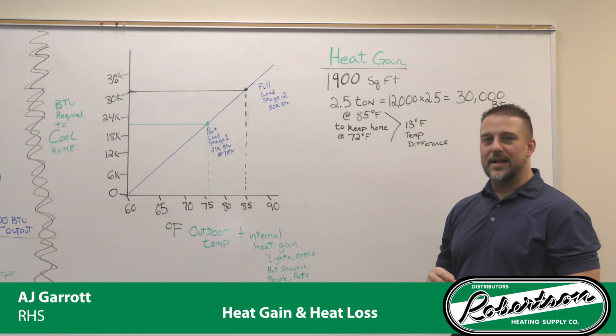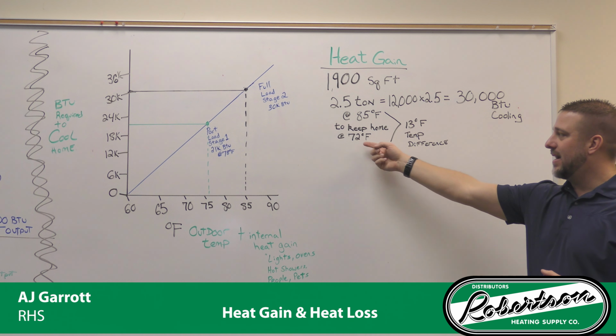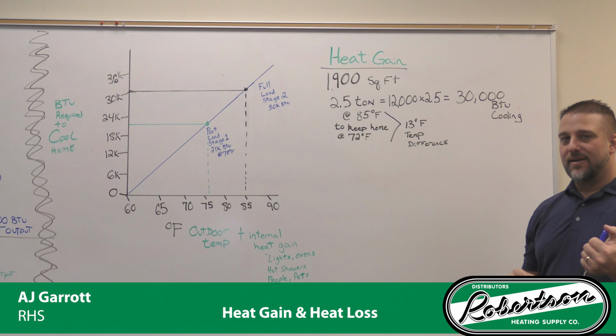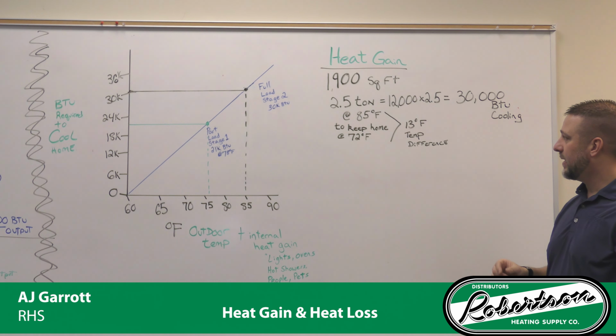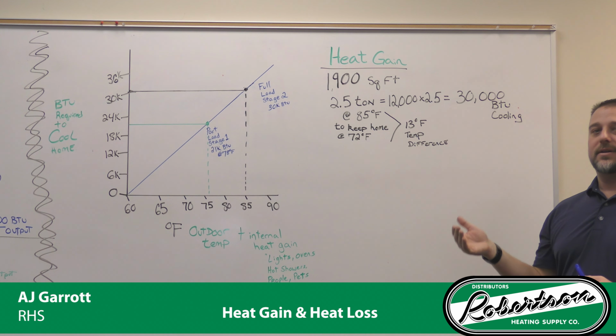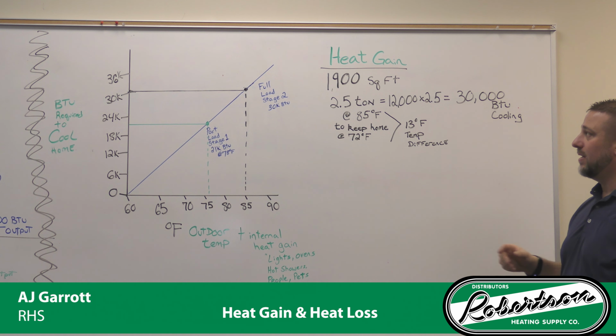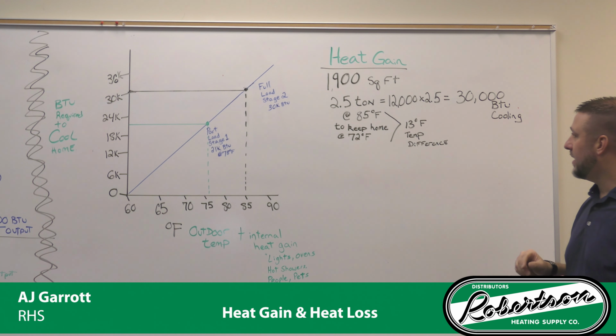So, what do we have? We have the same house, 1,900 square feet. This house, we have determined, takes 2.5 tons to cool it down when it is 85 degrees outside. We're going to maintain that 72 inside because that's the homeowner's comfort level. So we find a 13 degree temperature difference from outdoor temperature to indoor temperature is what we are going to maintain with 2.5 tons on this application.